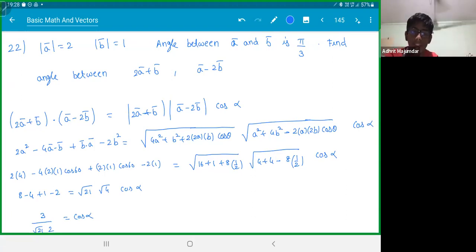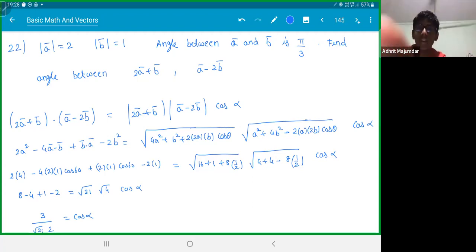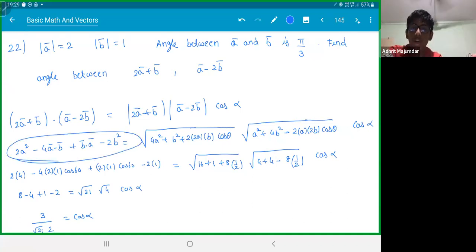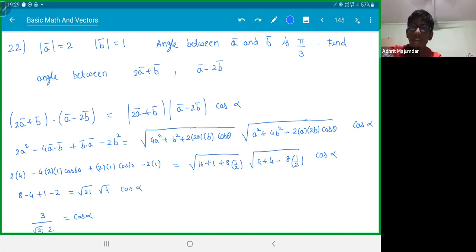Sir, I got it as minus 1 by 2 into root 21. How did the minus come? What I did was I found the dot product of 2a plus b and a minus 2b. We know we can find a dot b from this equation, so we substitute a dot b, a square and b square in the equation.